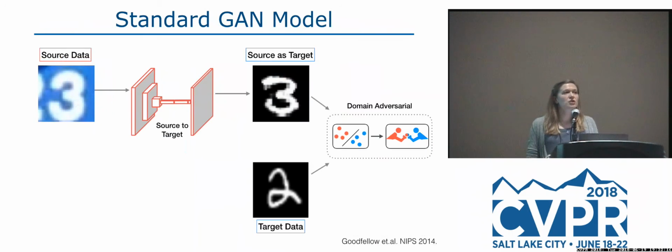So standard conditional GANs would optimize according to a criterion of stylization, or in other words, if you take the source Google Street View image, pass it through your generator, you should be able to produce another image that cannot be distinguished from true MNIST digits.